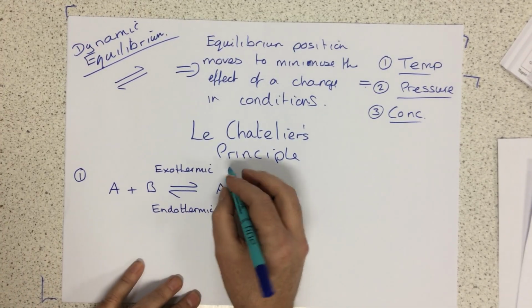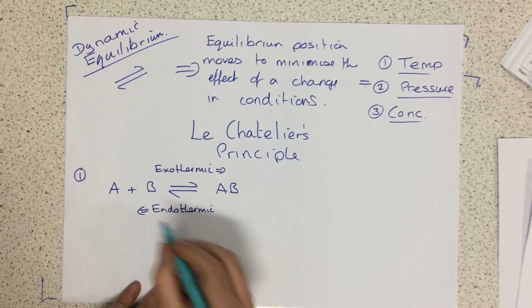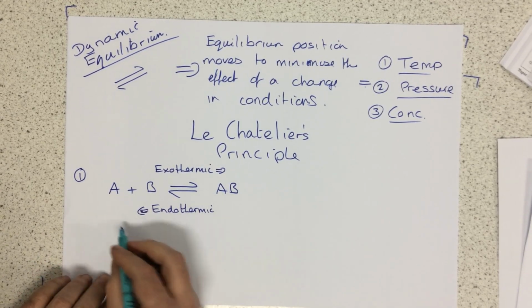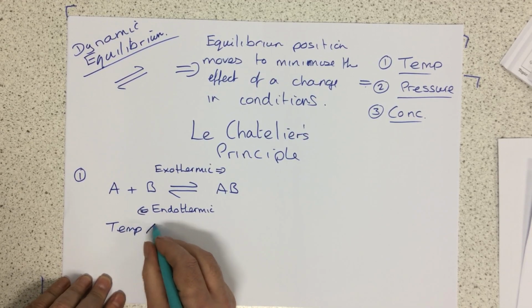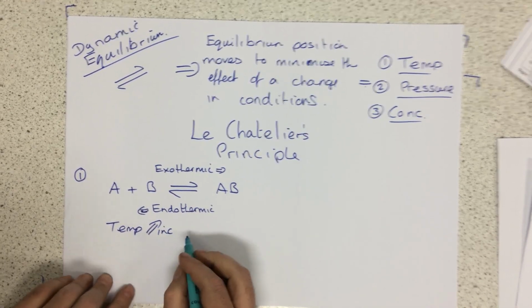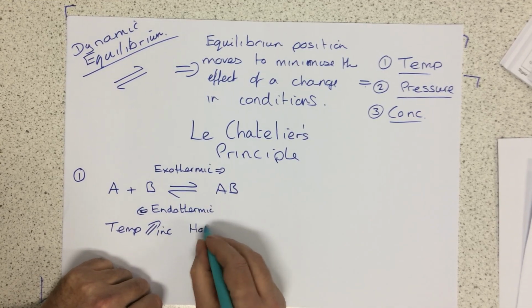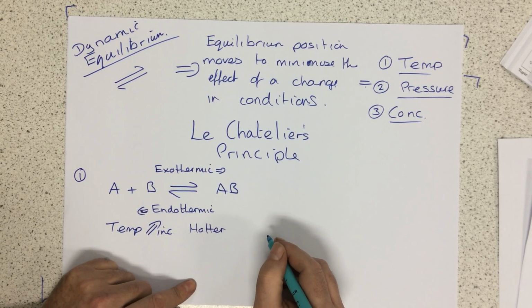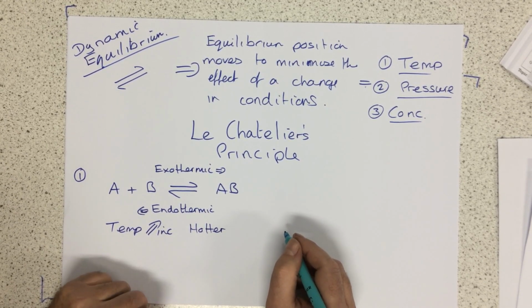So we have heat being produced in this direction, and we have heat being taken in, in other words a cooling effect, in this direction. So if we decide to increase the temperature of the reaction, we will be making this hotter. Now, to minimize the effect of that, the reaction will try to cool down.